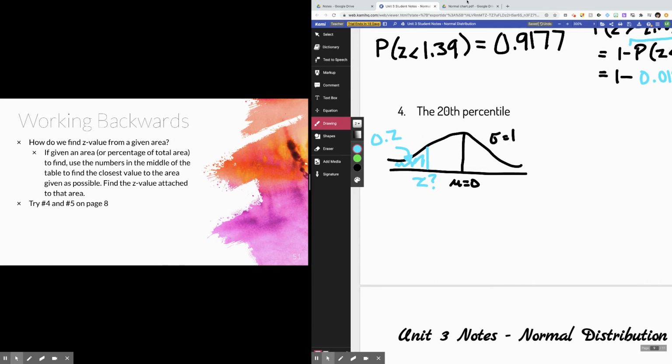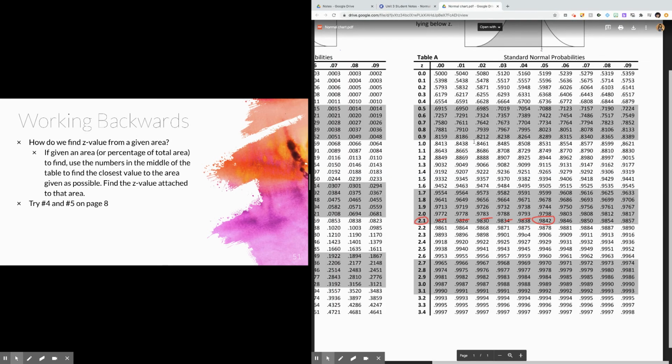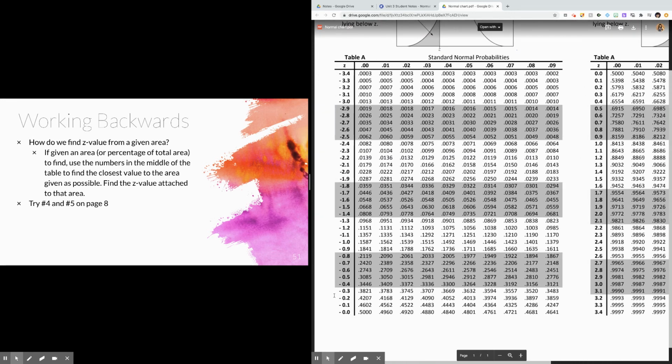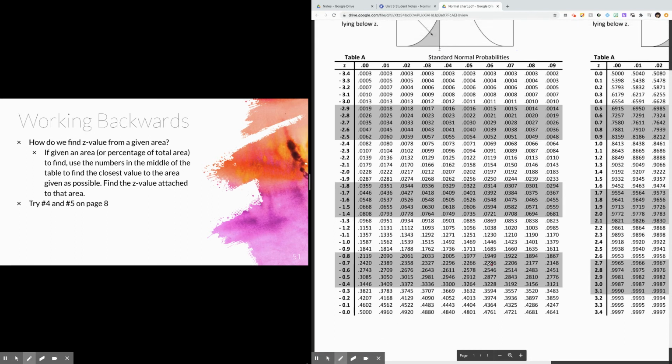So the way that I'm going to do that is I'm going to go into my normal chart here, and instead of looking on the outskirts to find a z value, I'm going to look inside the main bulk to find the probability that's as close to 0.2 as possible. And that probability is right here. 0.2005. That's as close to 0.2 as we can get.